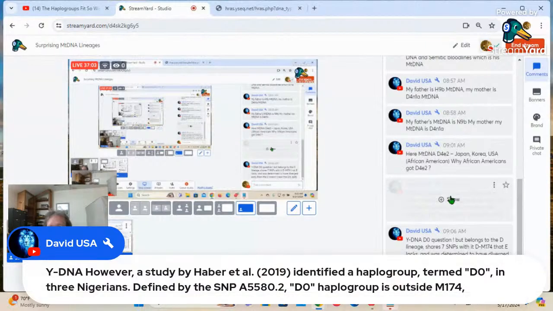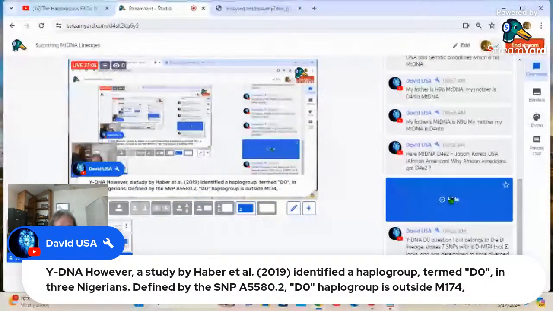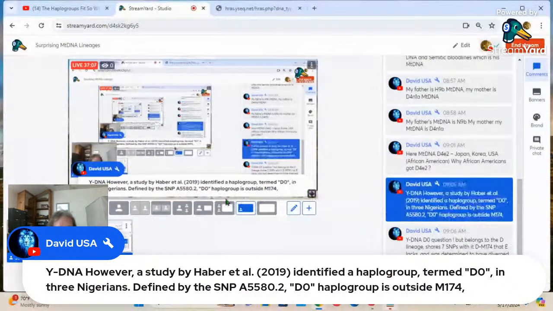Got the Nigerians, the DO, a haplogroup outside of M174. Well, there's still more investigation to do.